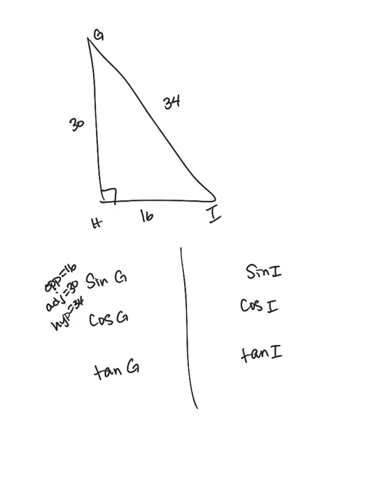However, for angle I, the opposite is 30. The adjacent is 16, but the hypotenuse stays true and steady. That doesn't change. So the adjacent and the opposite change depending on which acute angle you're talking about.